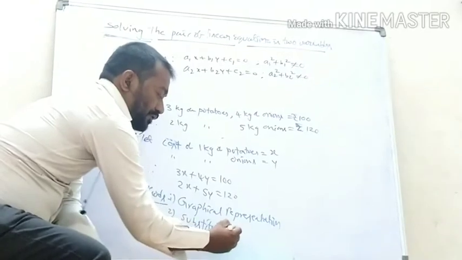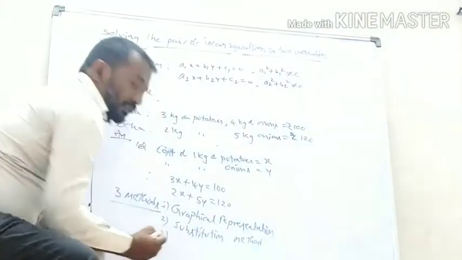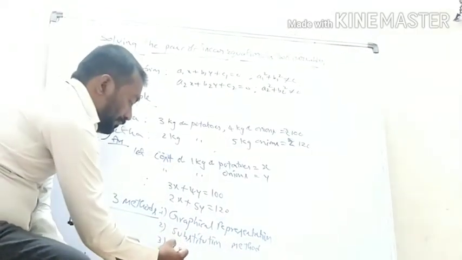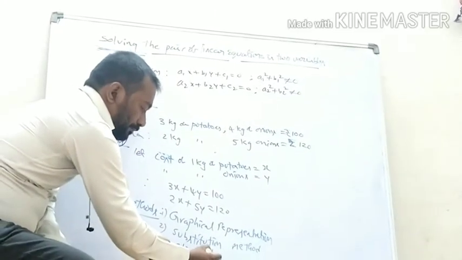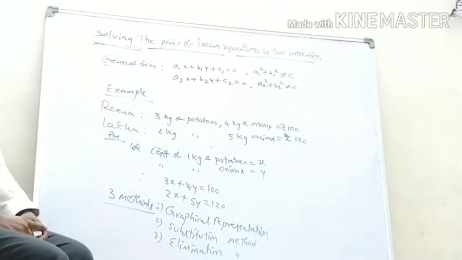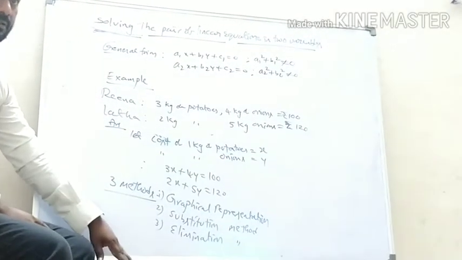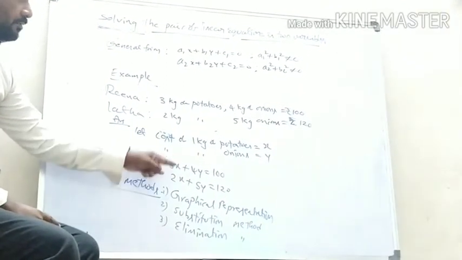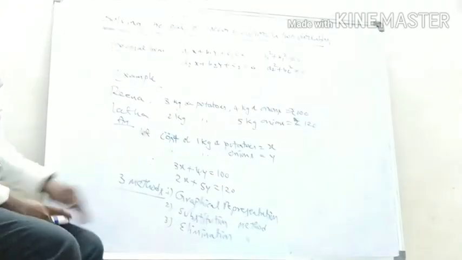The third method is the elimination method. So there are 3 methods, and all the methods are for finding the solution of a pair of linear equations.